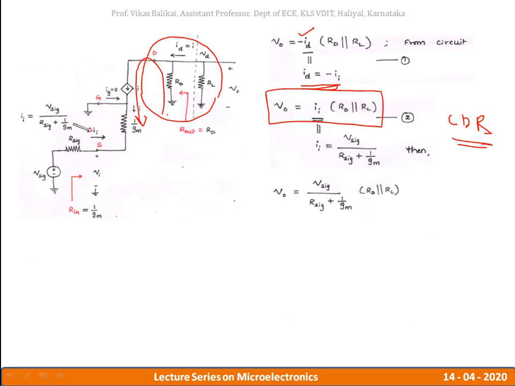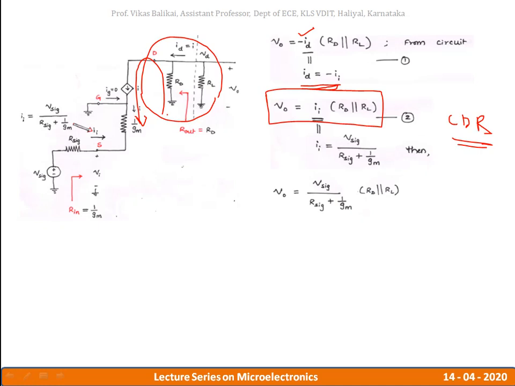So I can say that Ii is nothing but Vsig divided by the series combination of Rsig and 1 by Gm, because this input current is the same current that is flowing through Rsig and 1 by Gm. So a simple Ohm's law will also do this. Basically my input current is nothing but Vsig divided by Rsig plus 1 by Gm.